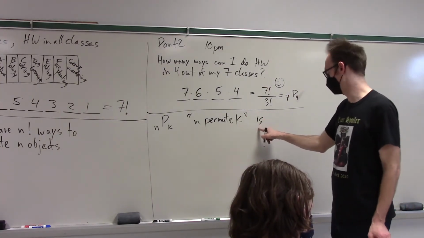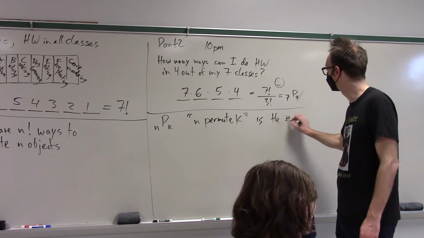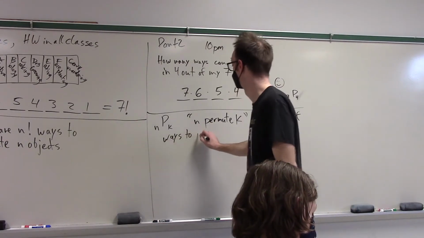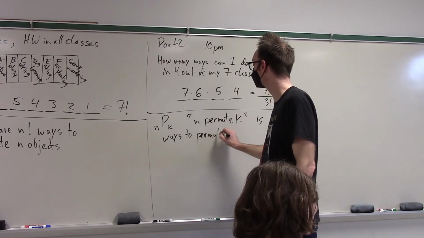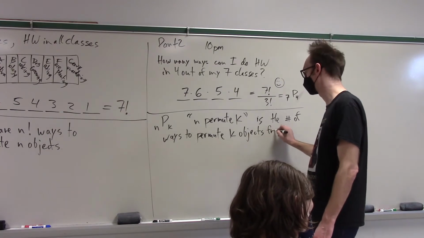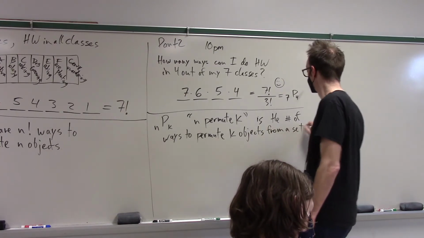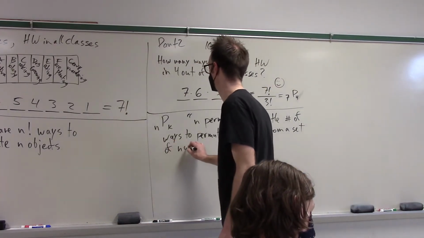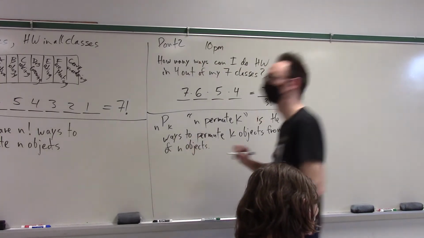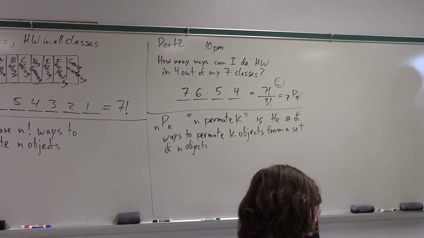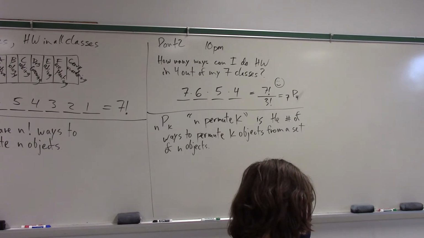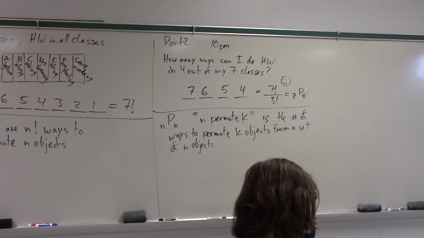It is, by definition, the number of ways to permute k objects from a set of n objects. Just like in the example above, I have 7 classes to choose from overall, but I am only going to do 4 of them.